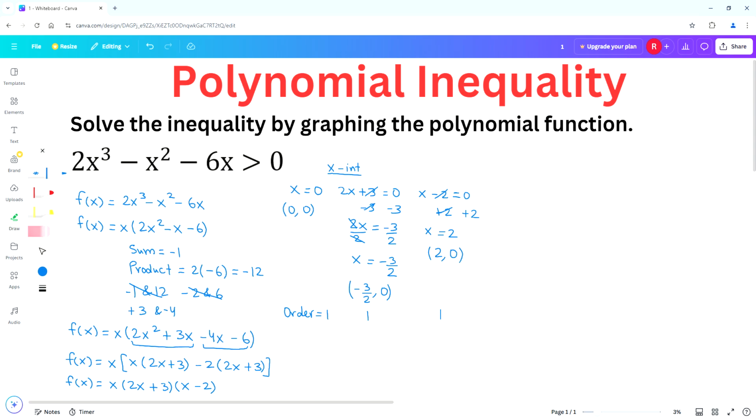Next, we can find the y-intercept. For y-intercept, we should sub in x as 0 in the function equation and find the function value.